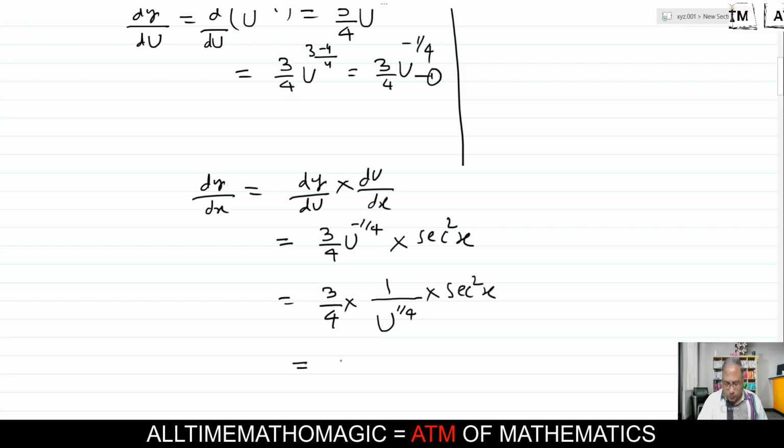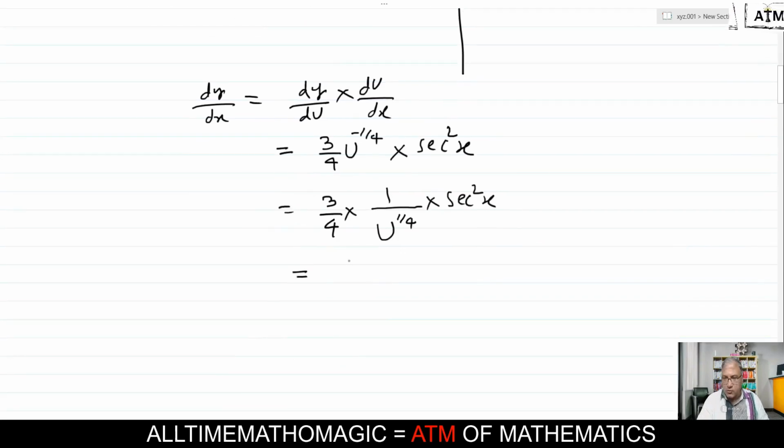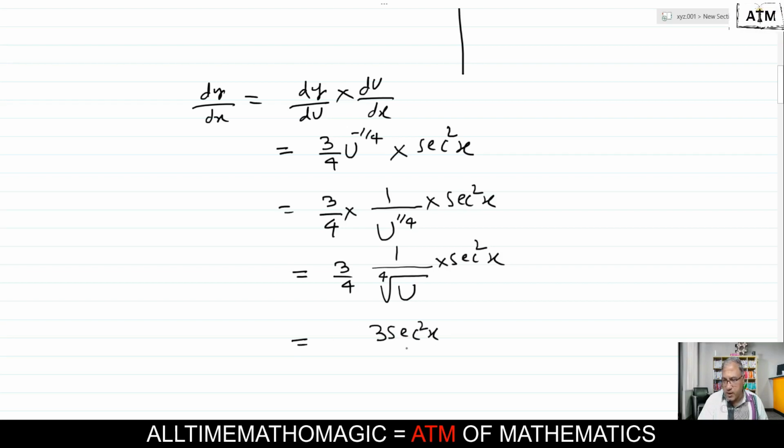That equals 3 upon 4, and this can be written as 1 upon 4th root of u. So writing 4 here and sec square x here, this equals 3 sec square x upon 4 multiplied by the 4th root of u.